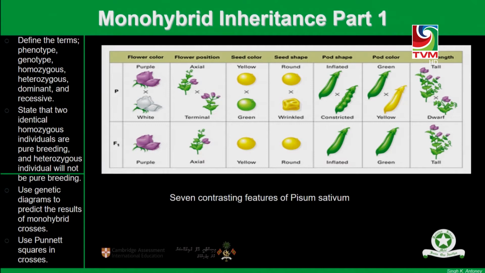The seed color or the color of the cotyledon: yellow and green. The shape of the seed: round and wrinkled. The shape of the pods of the legume: inflated or constricted. The pod color: green or yellow. Then the length of the stem: tall and dwarf, or we say short.